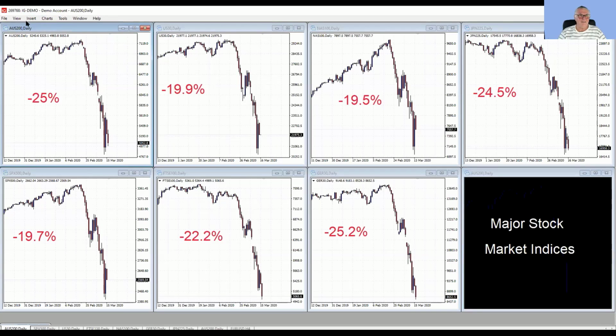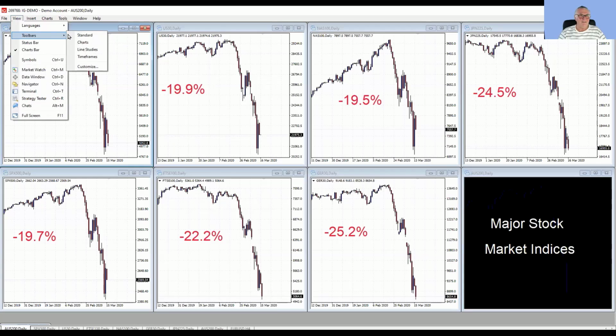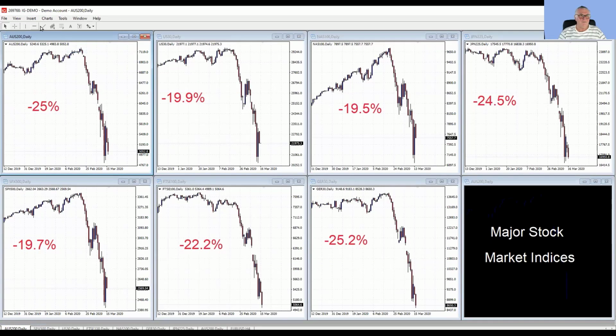Let's just view the line studies. I know it's in retrospect, but the trend lines really are incredibly powerful. That's what I would use in this particular market. The only way I would do it is using trend lines in this particular market.